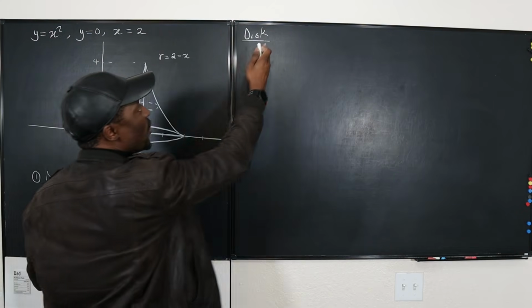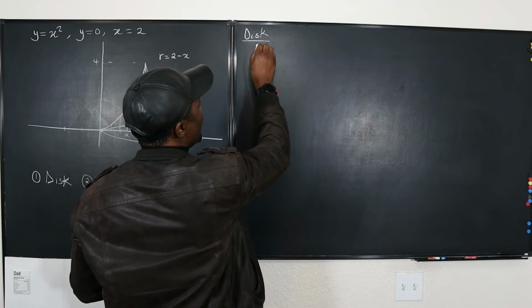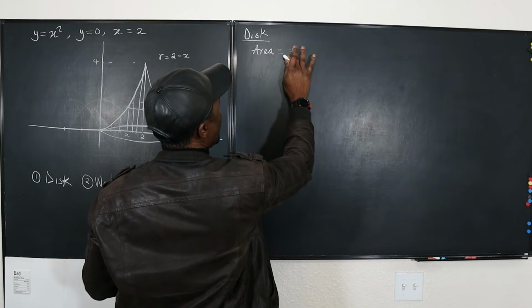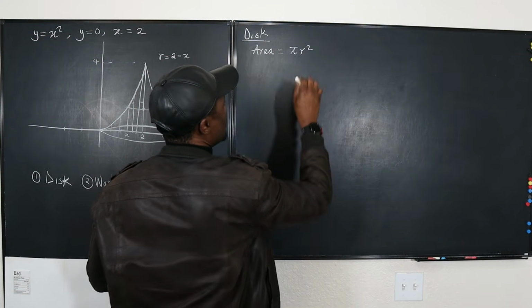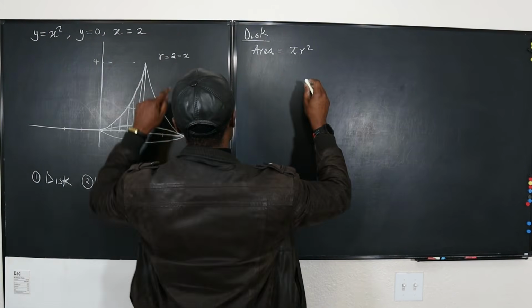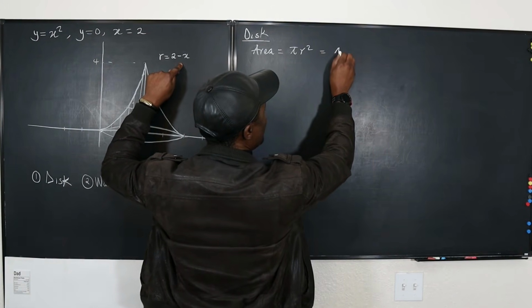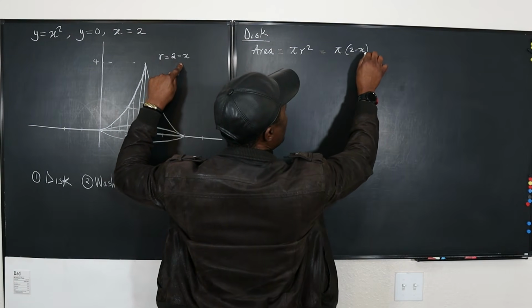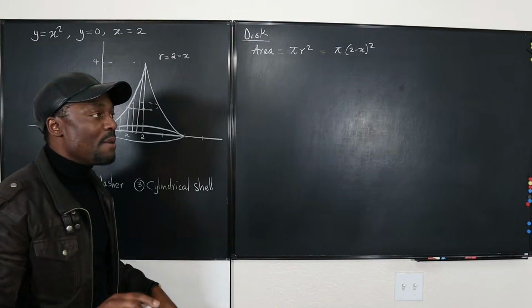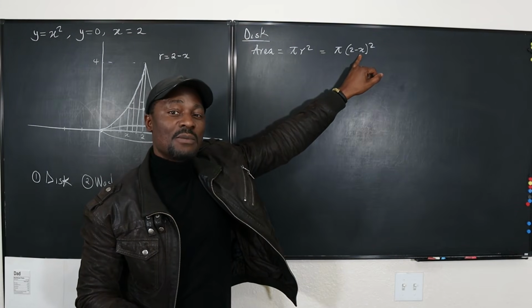Okay, so here we're going to say that the area is equal to, remember, pi r squared, which is the same thing. Since the radius is 2 minus x, that's going to be pi times 2 minus x squared. Well, we'll have to distribute this. Why? Because we can't leave our work in terms of x.